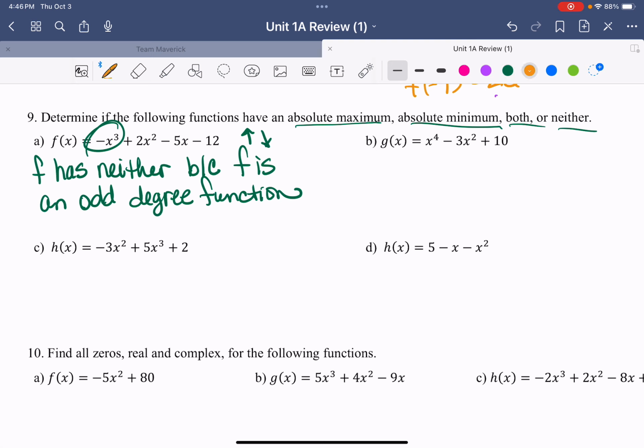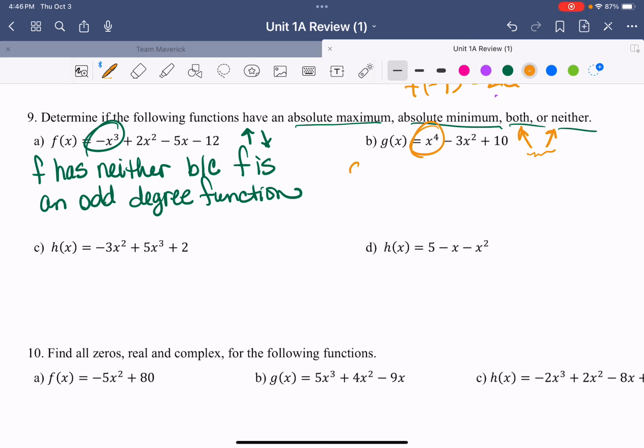All right, so on B, here's my leading term. The leading coefficient is positive, so the right side goes up. The degree is even, so the left side is the same. So since it goes up, up, that means that leaves something down here for an absolute minimum.